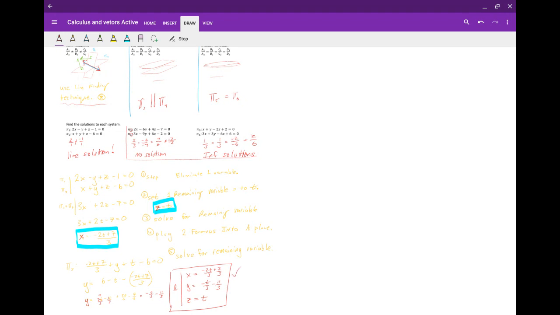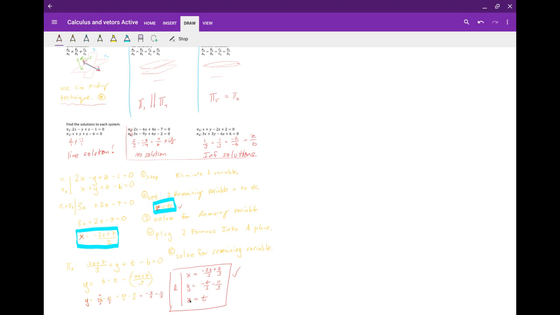So that's why our answer has to be a line, and that's why here I put z equal to t. We were attempting to find the line solution, and a line in 3 dimensions needs a parameter, okay? So there's our line there.